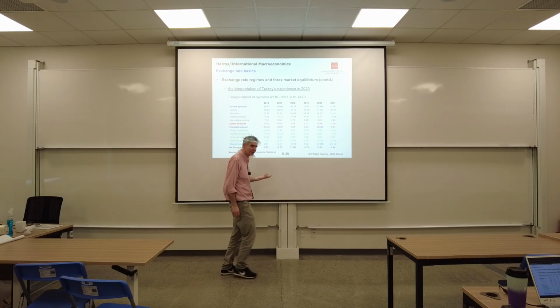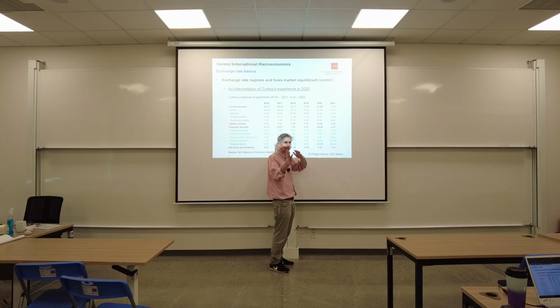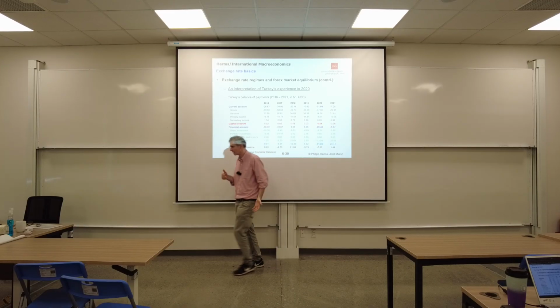It's the reserves. So the Turkish Central Bank sold reserves like you wouldn't believe. What does that indicate? It indicates that the Central Bank of Turkey wanted to prevent an excessive depreciation. Now here we're not talking about a sudden stop. We're talking about a sudden current account shift caused by the pandemic.